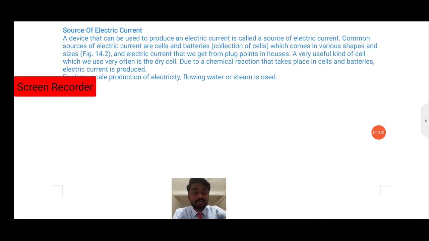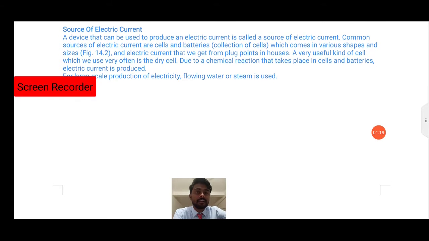One more time, see students, a device that can be used to produce an electric current is called a source of electric current. It is very important.